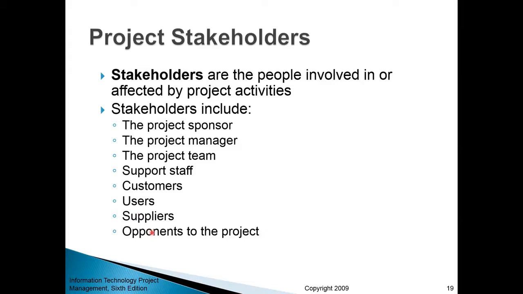Once you get them on board, once you get them involved in project management and project planning, then your project becomes their baby. It becomes a reflection on their abilities and their reputation as well. If that happens, if you're successful at that, then they will actually try to contribute to a project to make sure it's successful, because that will also positively contribute to their reputation. So try to make your opponents your allies.